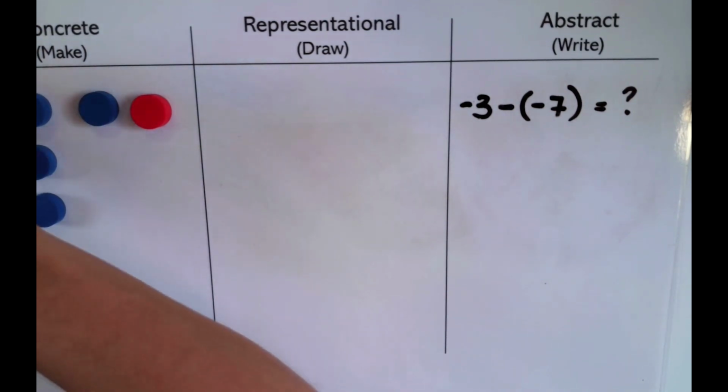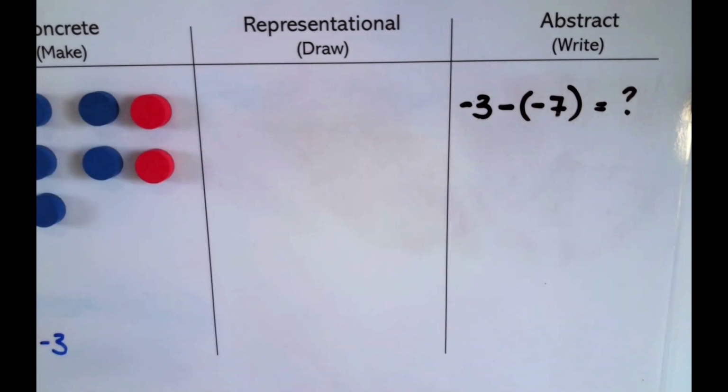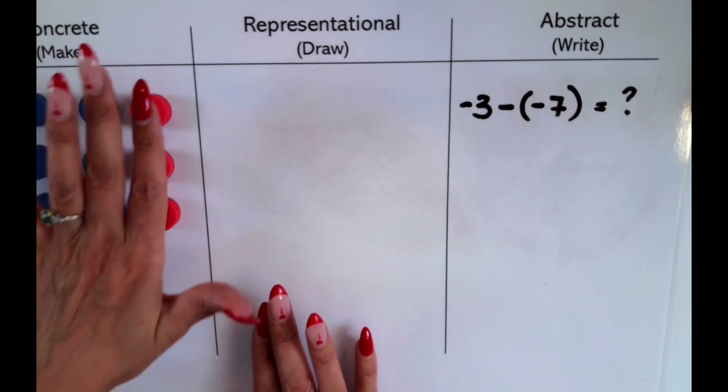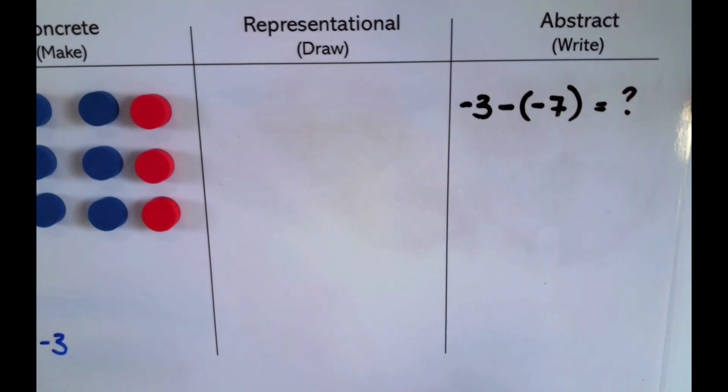So if I kept adding these zero-sum pairs, which don't change my equation at all, if I have 3 and I add a positive 1 and then take that 1 away, I'm still going to get 3. I'm still going to get the same answer.